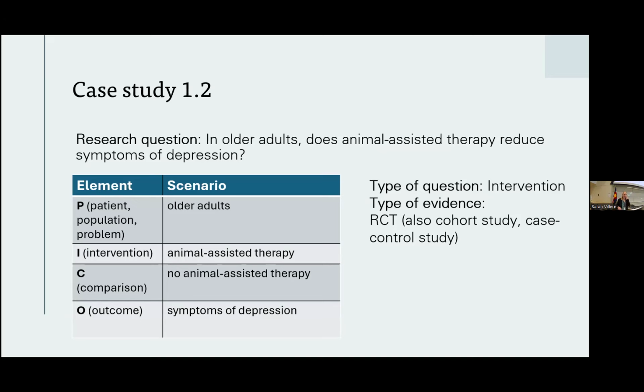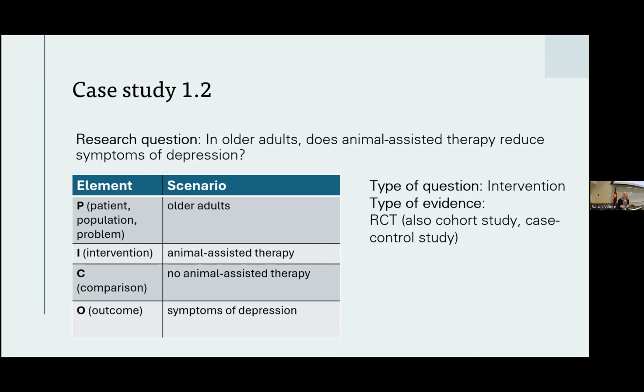I wanted to also point out that I didn't include the word reduce for my O, for reduced symptoms of depression, because when you're doing a search, you really don't want to include verbs or qualifiers for a couple reasons. One, there's a lot of different ways to talk about that. Reduce could be decrease, it could be minimize, it could be lessen. And if you include a really specific qualifier like reduce, then you're missing out on a lot of other ones that are still talking about the exact same thing.